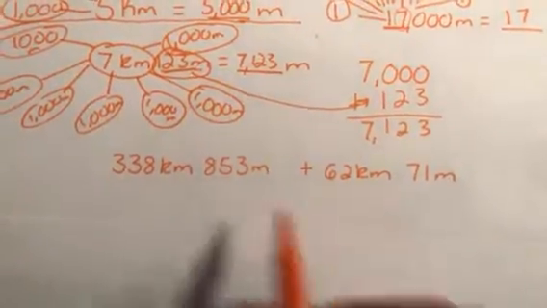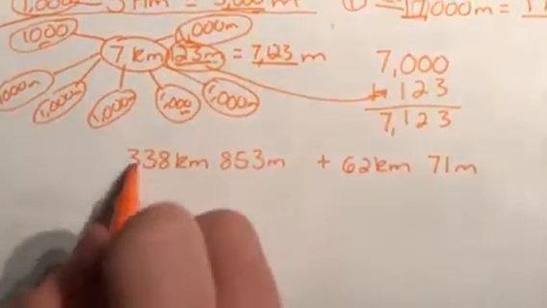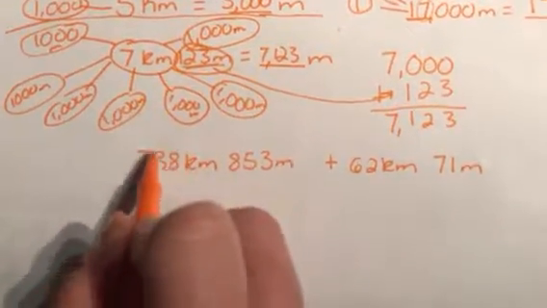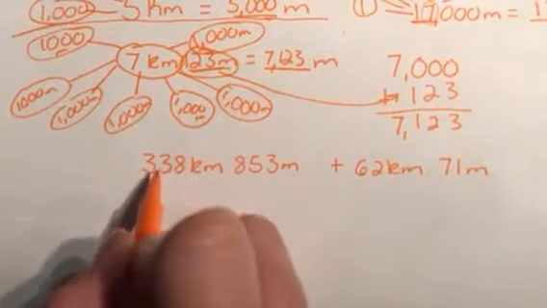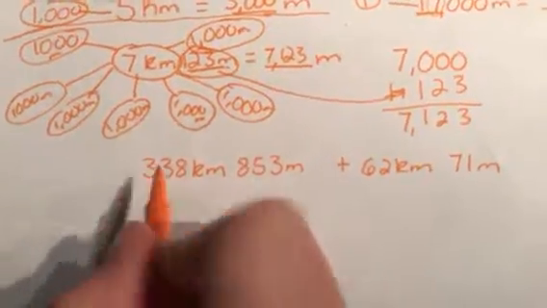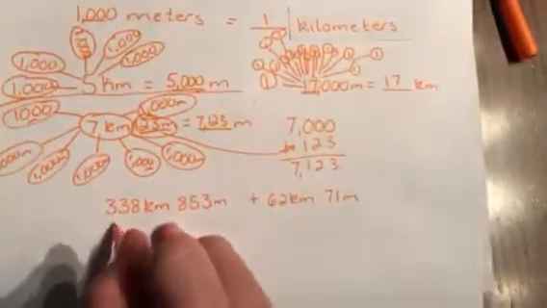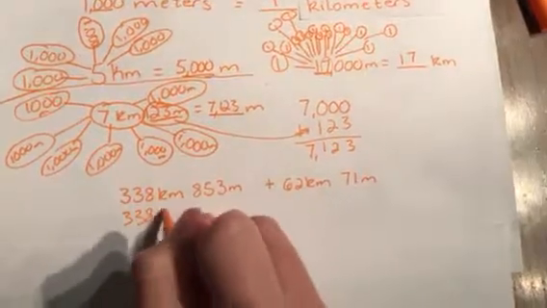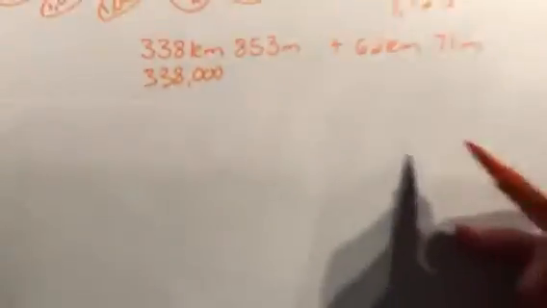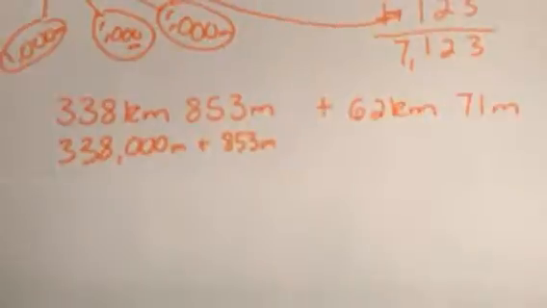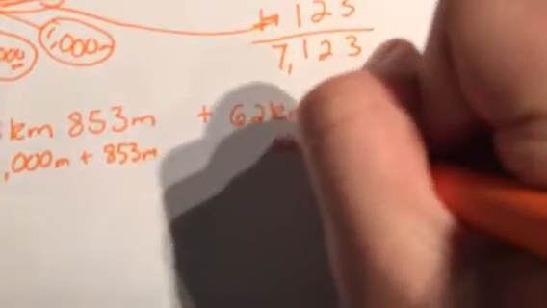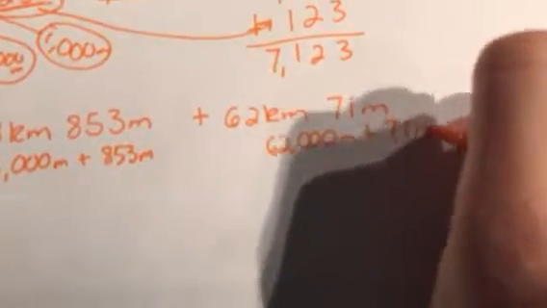Now, I know that each one of these is going to be 1,000 meters, and I don't feel like drawing that out each time, so I know we're going to have 338,000 meters plus 853 meters. And over here, we're going to have 62,000 meters plus 71 meters.